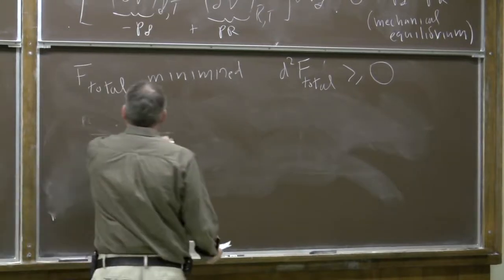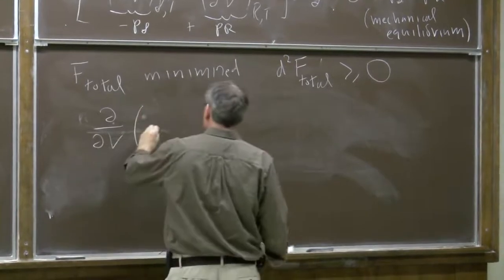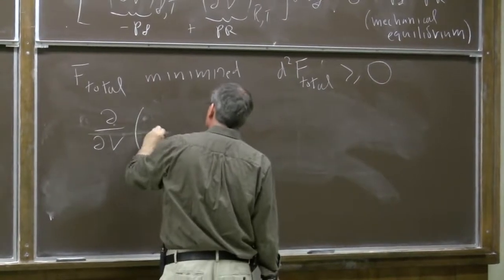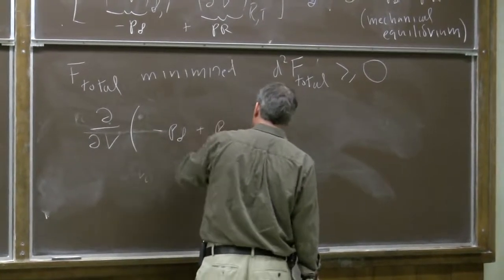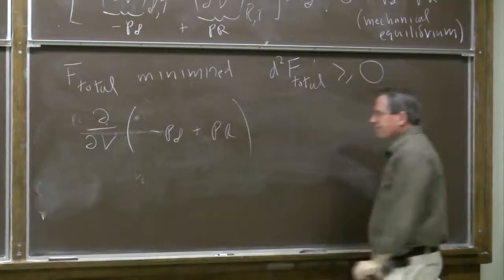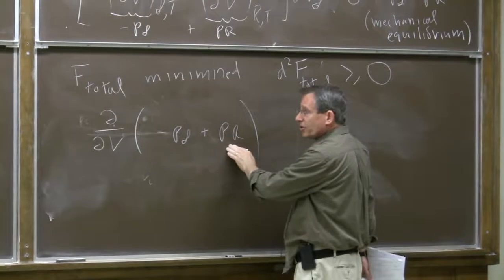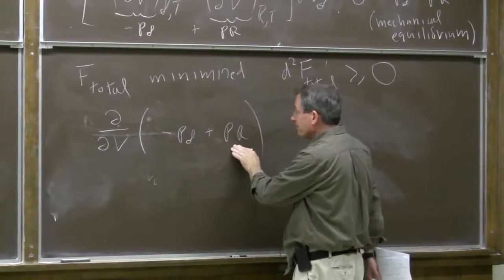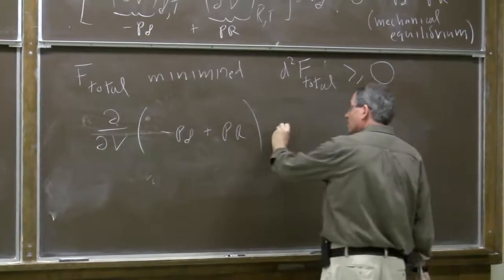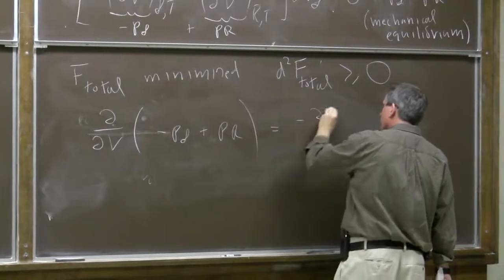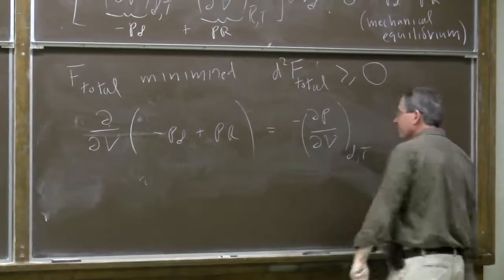So if I consider differentiating again with respect to volume, the first derivative of the free energy is minus the pressure of the system plus the pressure of the reservoir. The reservoir is huge, so when we change the volume, it doesn't change. So its first derivative is 0 with respect to volume for a very large reservoir. So this is equal to minus the derivative of pressure with respect to volume for the system at constant temperature.